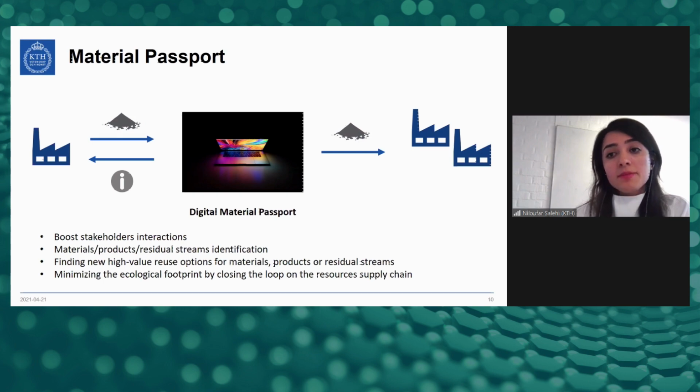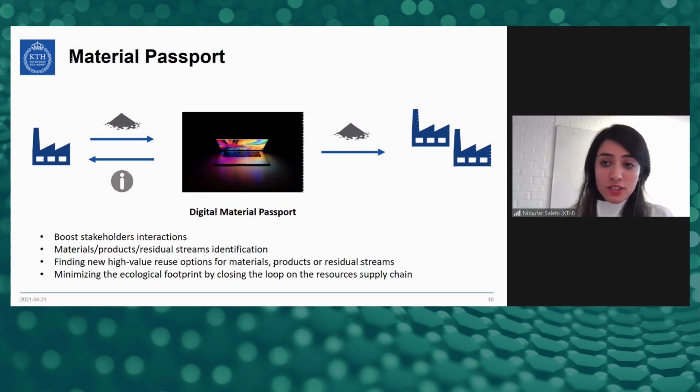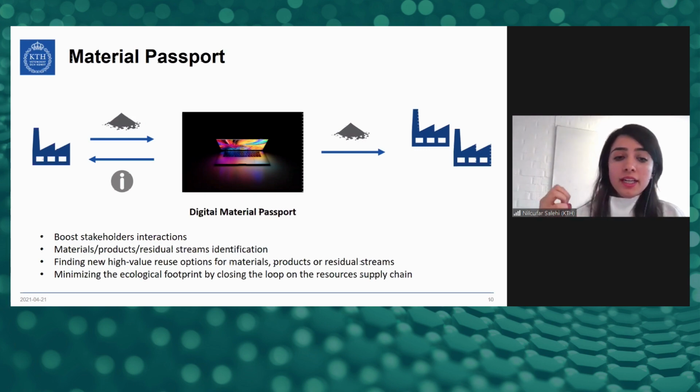Another tool that can be part of ICT, information and communication technologies, is material passports, which can boost these interactions among stakeholders, because by using material passports, we can have the characteristics and identification of the material and components through the whole value chain. And in this tool, we can use AI, blockchain, and different types of databases to register and follow the value of the material, components and products.